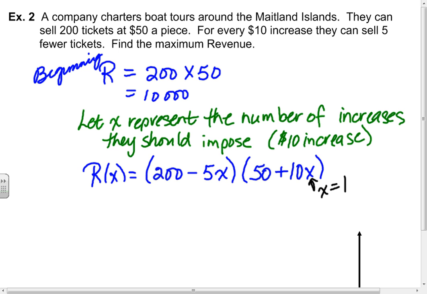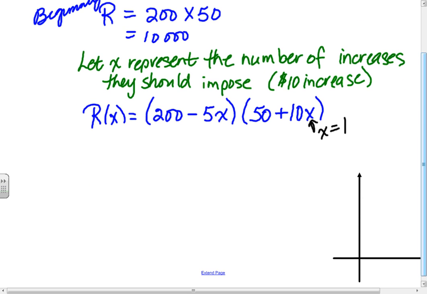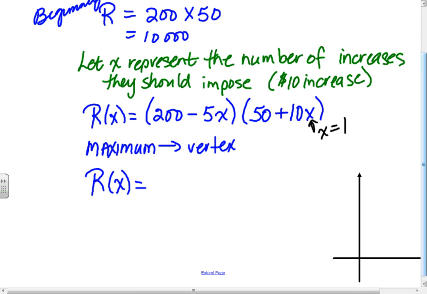We want to maximize that revenue. If we're looking for a maximum, we're looking for a vertex. And we want to know where that vertex is. So I am looking at this function, and the way I would like to do it is to factor it. Well, it's already in factored form, but not in the best factored form. So I'm going to take my equation, because I notice in both brackets there's a greatest common factor.